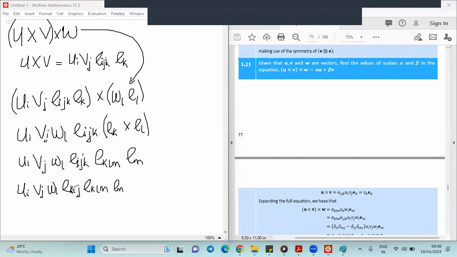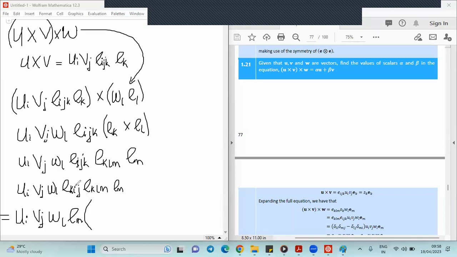It's a substitution. But we're going to do that now. So this gives us UI, VJ, same things that we had in the previous one. Now, when it comes to the Levi-Civita symbols, there's a small problem. That's substitution.